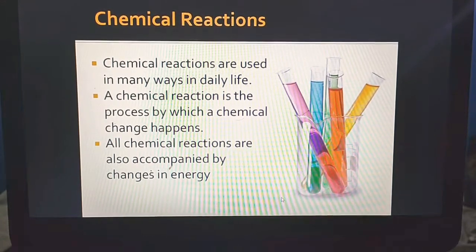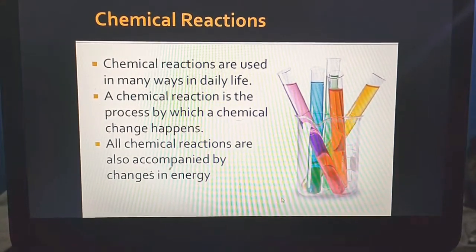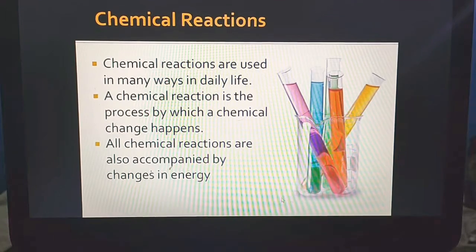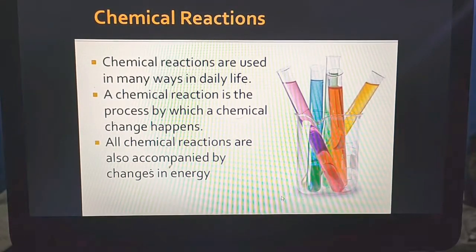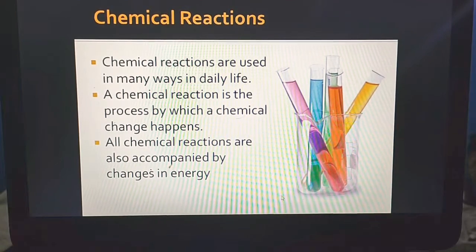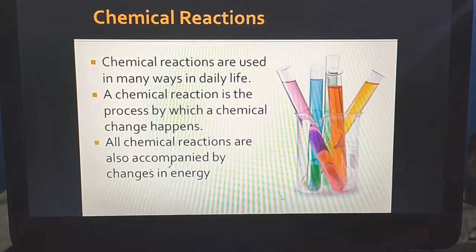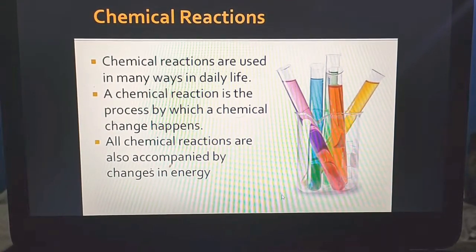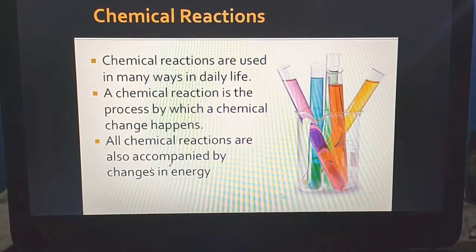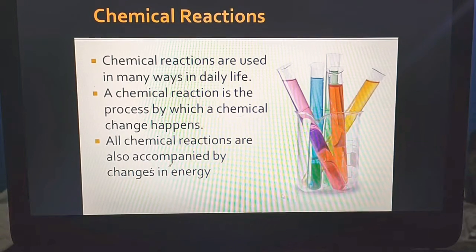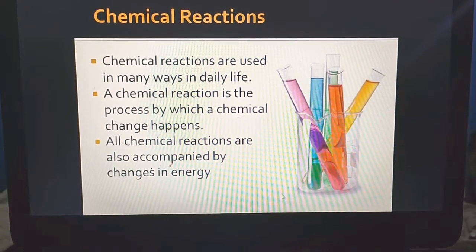In your book, one example is there: hydrogen plus oxygen gives water. So hydrogen and oxygen are the reactants and water is your product. Why? Because we are taking hydrogen and oxygen for the chemical reaction to occur, and water is formed.